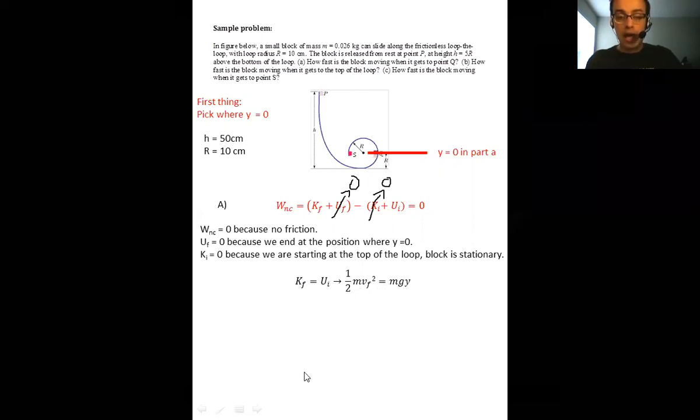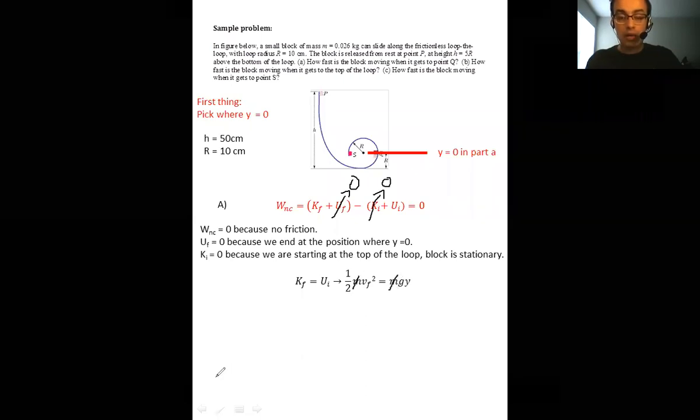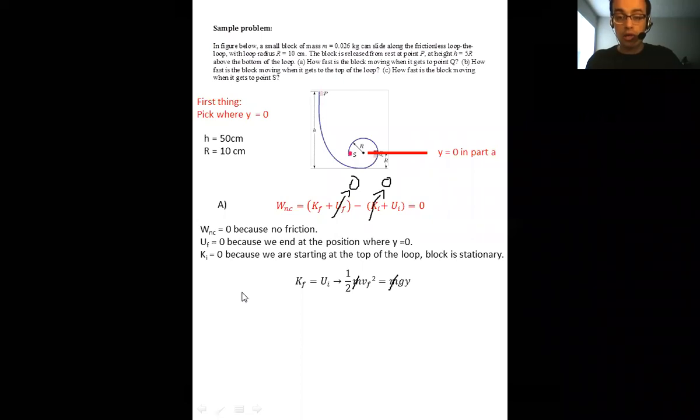We can cancel out these m terms because the mass is the same in both cases. And we can then solve for v f squared. So we multiply both sides by 2, and so v f squared equals 2gy. And therefore, the final velocity is equal to the square root of 2 times g times y.